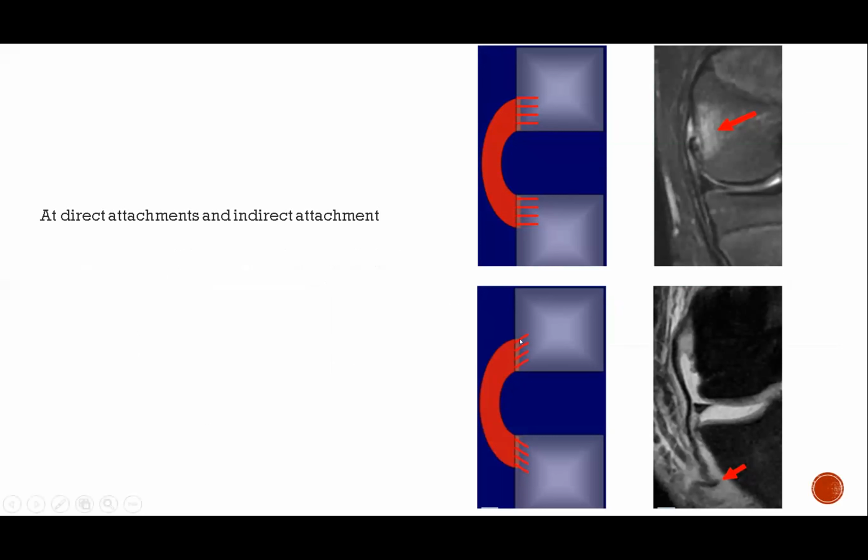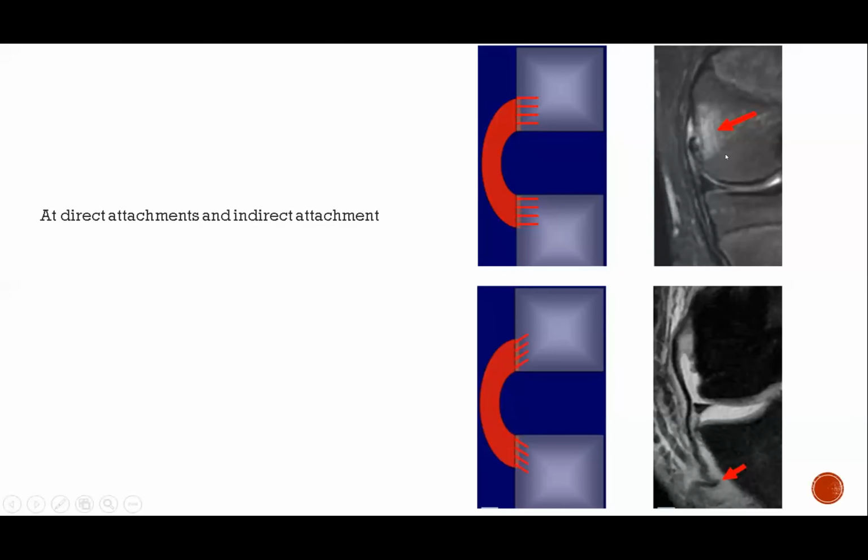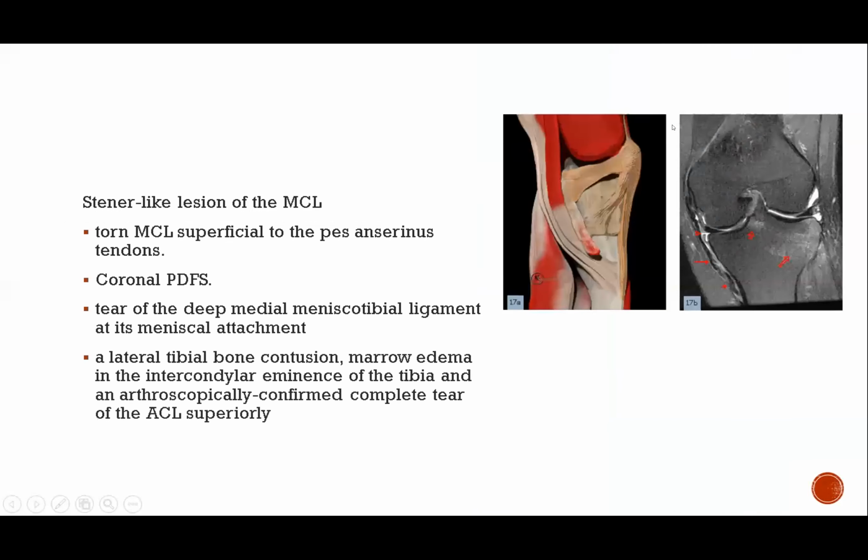Whereas if the attachment is oblique, as seen in the distal attachment of the MCL, here there is no contusion. The MCL where the fibers are perpendicular to the bony surface causes contusion. So another special condition, Stener-like lesion, where the superficial MCL is actually beneath the pes anserinus.